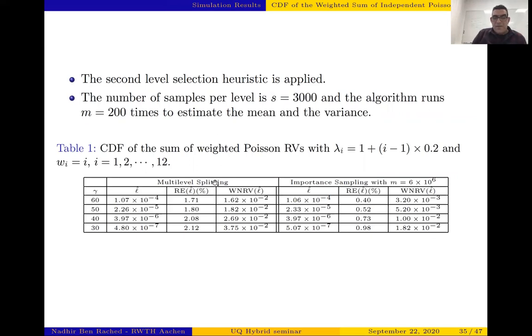We compare the splitting method to the importance sampling estimator that we derived, and we see that in this setting, the importance sampling is more efficient than the splitting method. This will not exclude the splitting method from being a useful approach, since it is useful in many other applications, not only for the Poisson random variable.